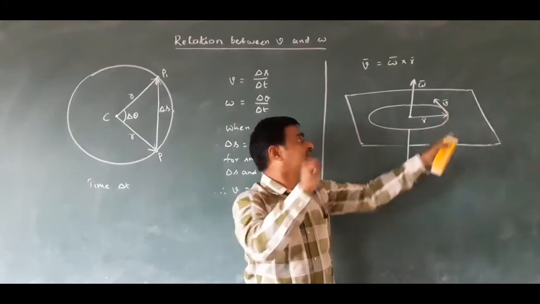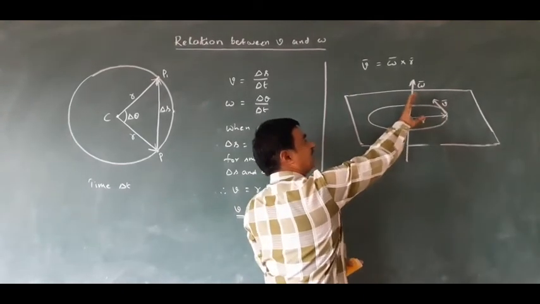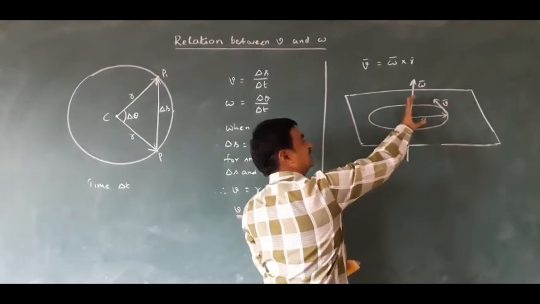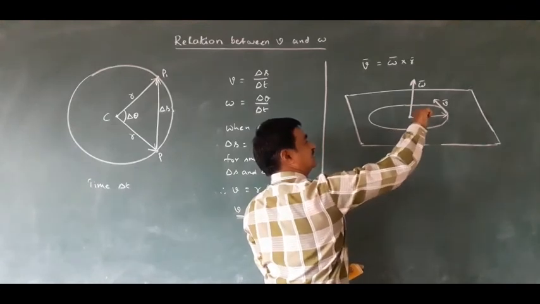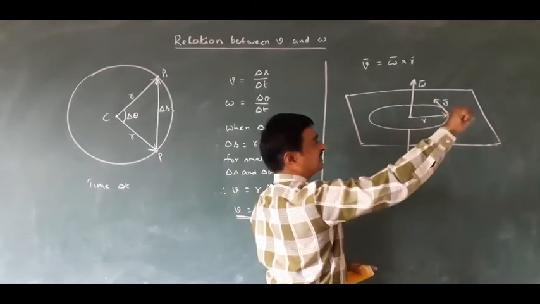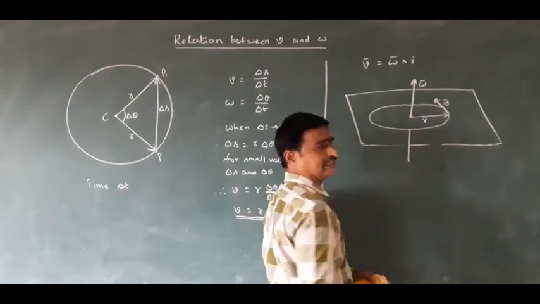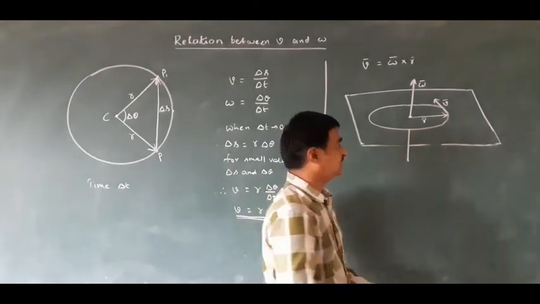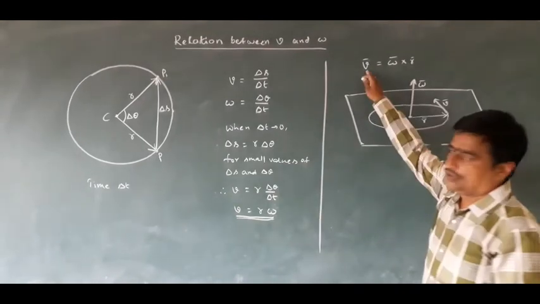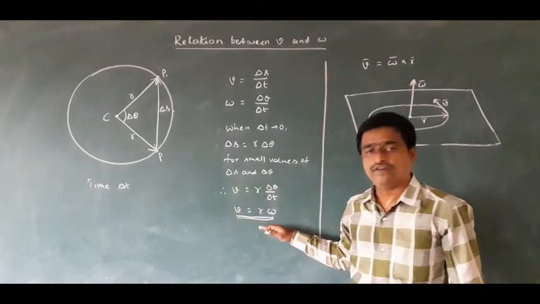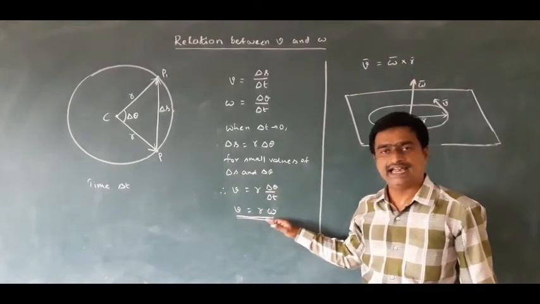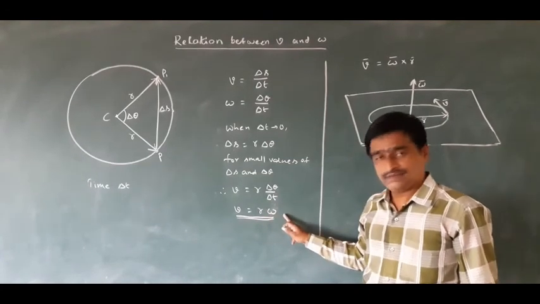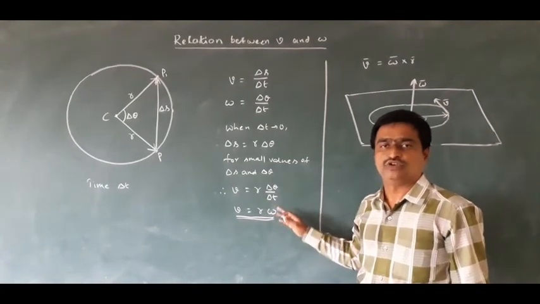If we hold our fingers like this, then this gives the direction of the velocity. This is how we fix the directions for these quantities, and this is the maximum value of the term, as there is no sine factor.